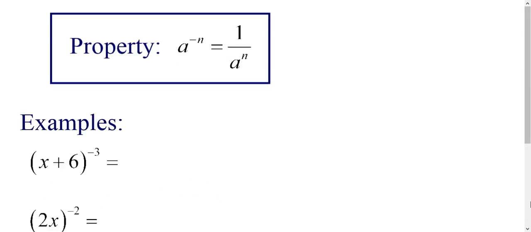Negative exponents, they just flip to the other part of the fraction. So if it's by itself with a negative exponent, it ends up becoming the denominator. If it was in the denominator with the negative exponent, you move it to the numerator.